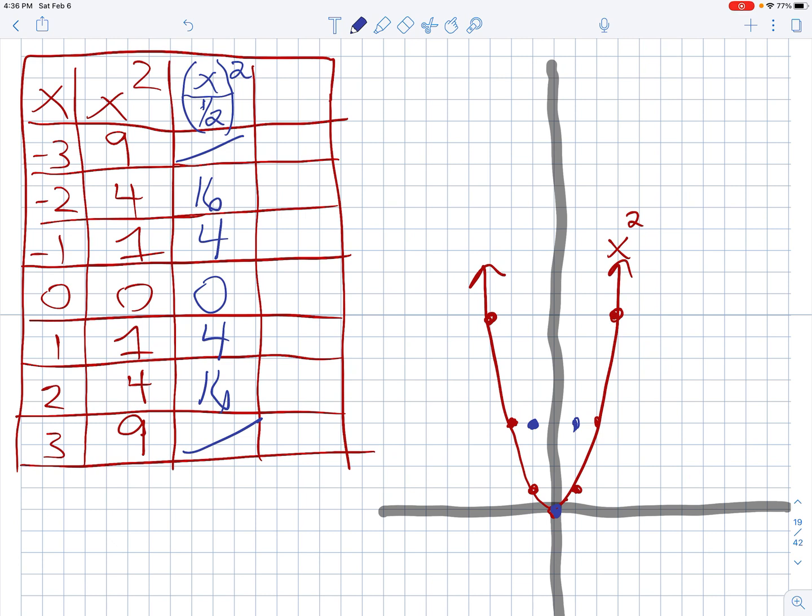All right, so I'll plot them up again. 0, 0, 1, 4. Symmetric with respect to the y-axis. So you could do negative 1, 4, and then 2, 16.